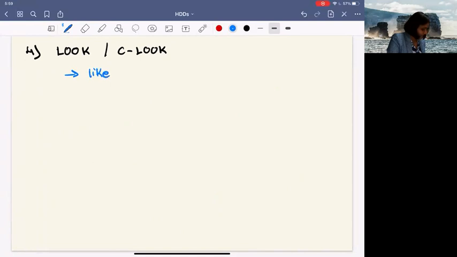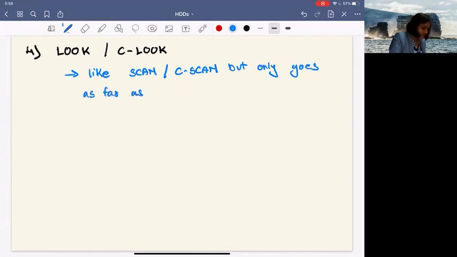They are like SCAN and C-SCAN, but only go as far as the last requests in each direction. Well, it's just again one more step, right? Another smart idea upon SCAN and C-SCAN.